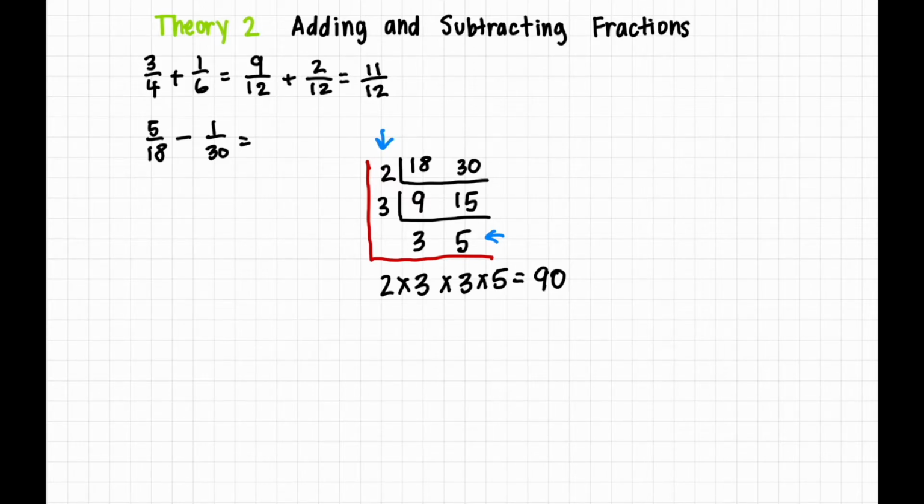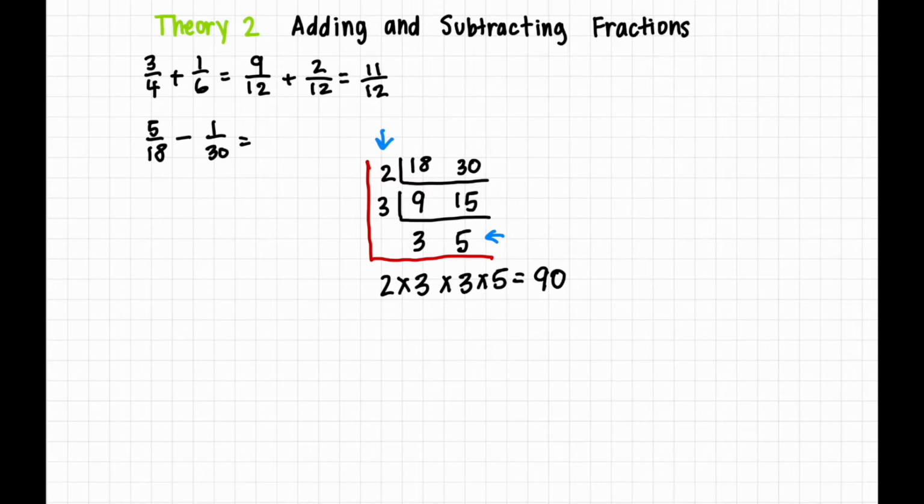And if you think about it, the least common multiple of 18 and 30 has to be a multiple of 18 and 30. So the common denominator would have to be something times 18 and something times 30 at the same time. So what this method does is keep the numbers multiplied to a minimum.